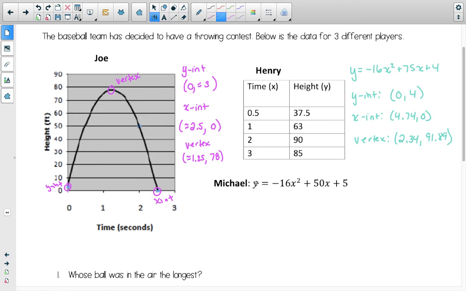On Michael's, we can do the same thing. Since we already have the equation, we can just plug that into Desmos and find the information. For Michael's, his y-intercept will be at 5, since that is the constant. We need to find the x-intercept and the vertex, and we can find that from Desmos.